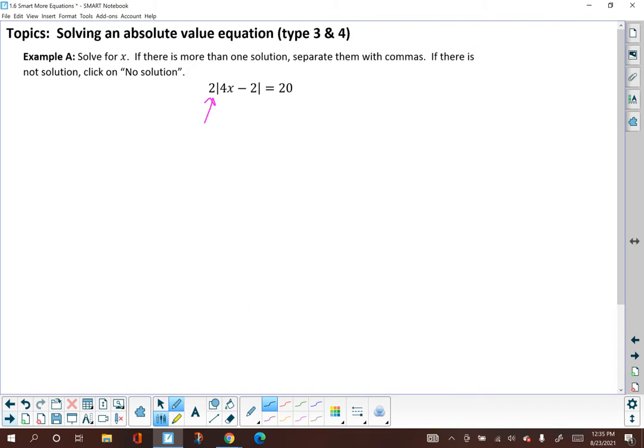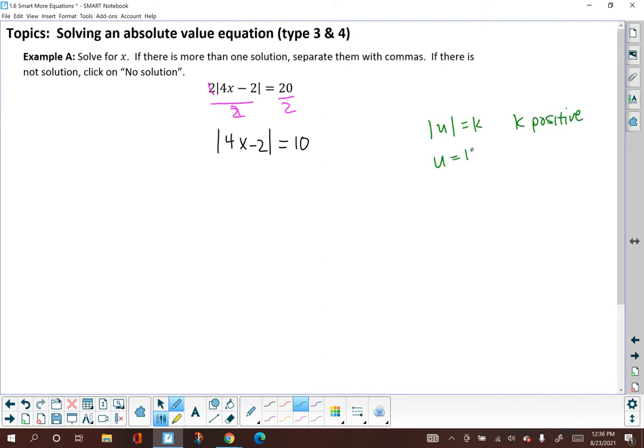So here's our first example, solving an absolute value. We have to isolate that absolute value, so we're going to divide both sides of our equation by 2. This 2 cancels out. So we get absolute value of 4x minus 2 is equal to 10. This is a case where the absolute value is equal to a positive number, so we have 2 solutions.